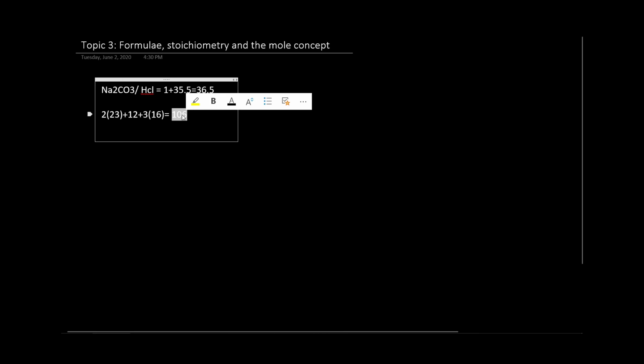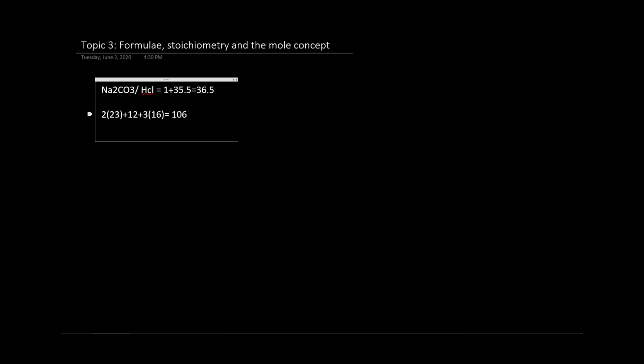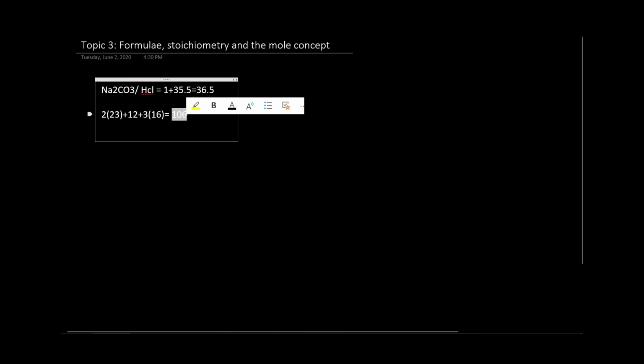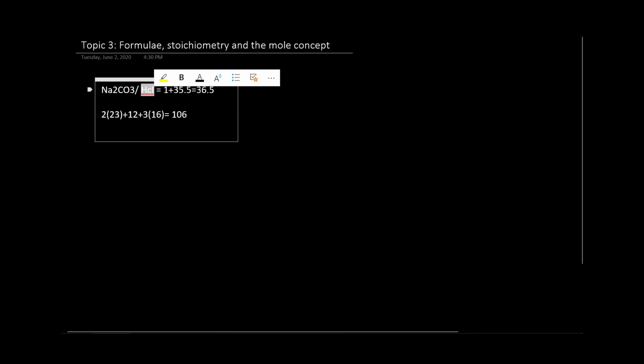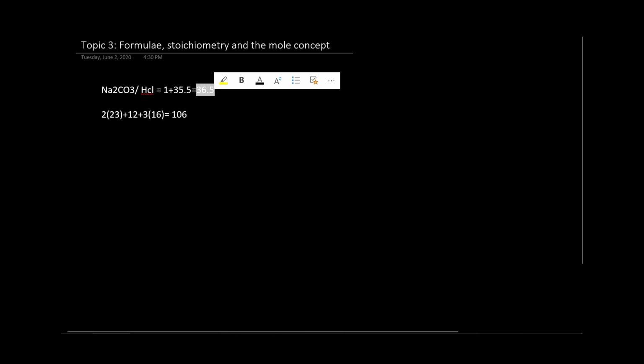Albeit both are the same, both are the total masses of all the elements in the respective compounds, but the names are different since the properties are inherently different. So in case of Na2CO3, you call the result relative formula mass, and in case of a covalent compound, you call the addition relative molecular mass.